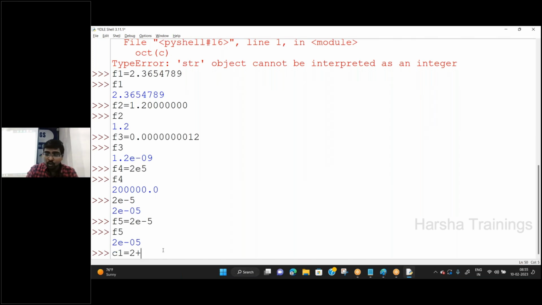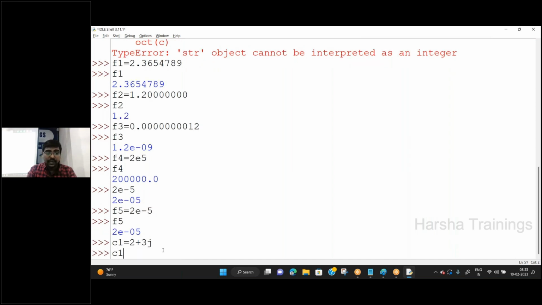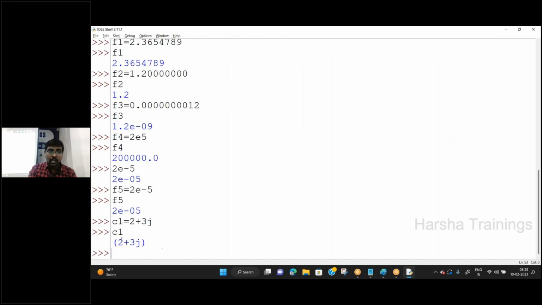C1 is equal to 2 plus 3j. Whenever I print C1, automatically it prints inside the parentheses. That is a property. So the complete value is displayed, but I do not need the complete value. I need only the real value. I need only the imaginary value to perform the addition.